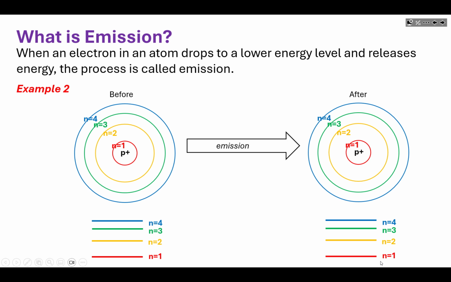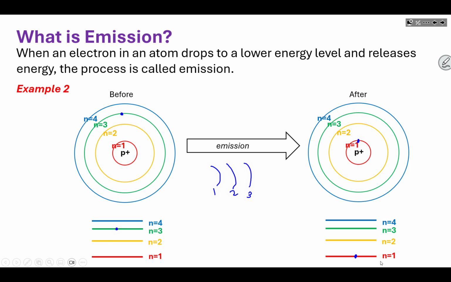So let's just say we have an electron beginning in the n equals 3 level again. N equals 3 on both of these. And then after this electron relaxes, it goes all the way to n equals 1. So here's after. If we're representing this with an arrow, what this transition would look like is here we have energy level 1, here 2, and 3.